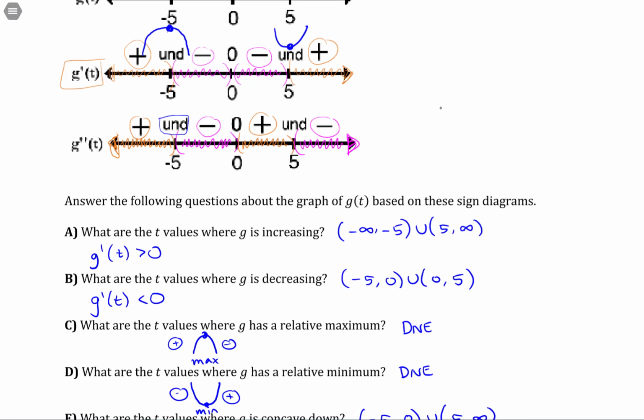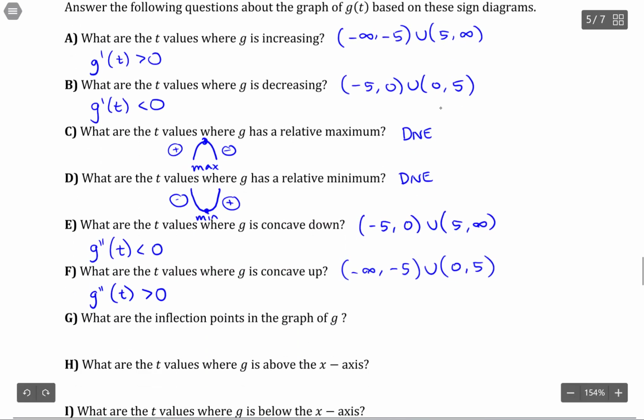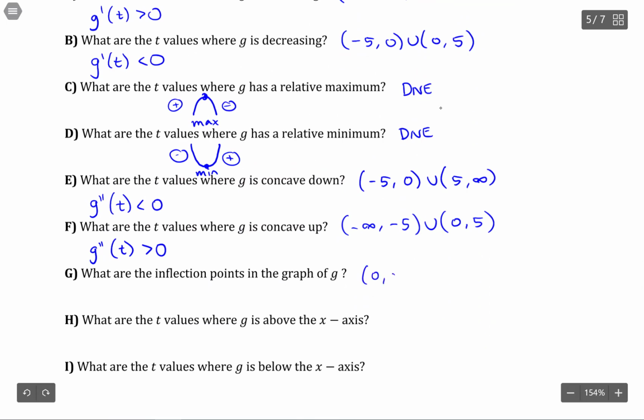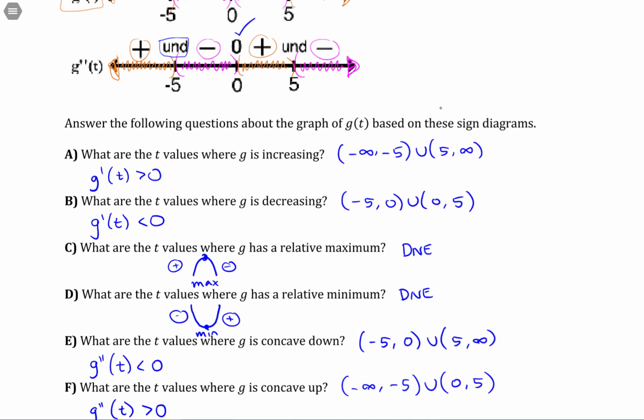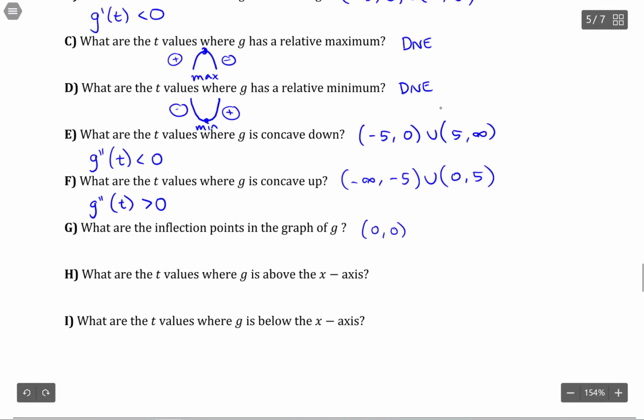At 0, we change from concave down to concave up. So that is a point of inflection, and it is in the domain, so we can include that. At 5, we change from concave up to concave down, but again, we are undefined there, so we can't include that as part of the domain.